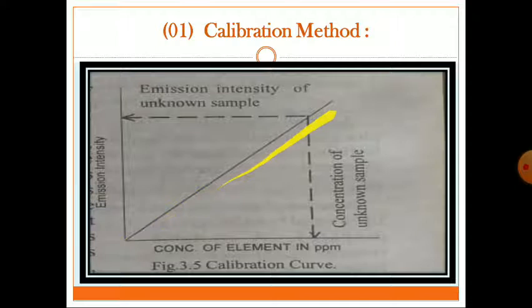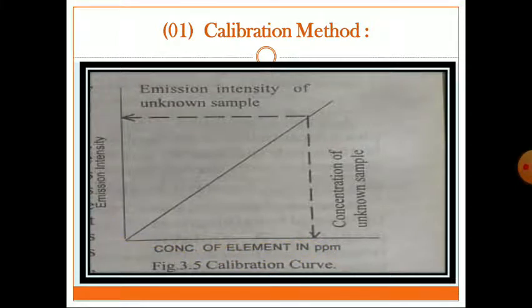But at the end, when we measure the emission intensity of the unknown sample solution, we don't know its concentration. The concentrations of the standard solutions we know, but for the unknown we only know the emission intensity.